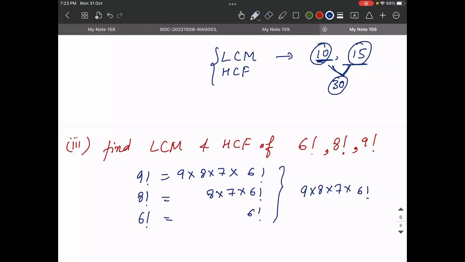So any number is 720 multiplied by 8, into 7, multiplied by 9. So obviously you are leaving these three numbers, 9, 8, and 7, you are taking out. You are taking out the multiplication of that. You understood what you are doing?